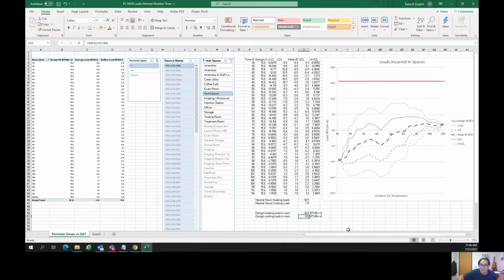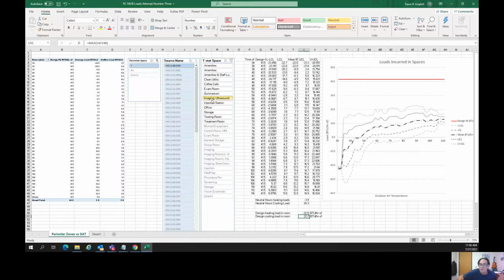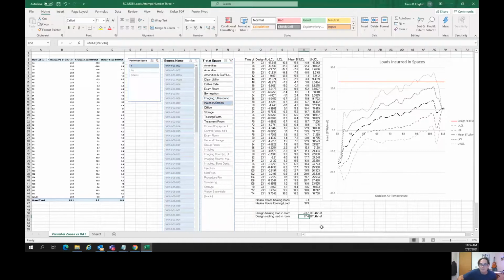But not a big cooling load, 8 or 9. Here's our ultrasound imaging room, which is a perimeter space. 22, huh? 20 at the neutral hour and 23 at the weather-based hour. Injection stations, pretty generic space.